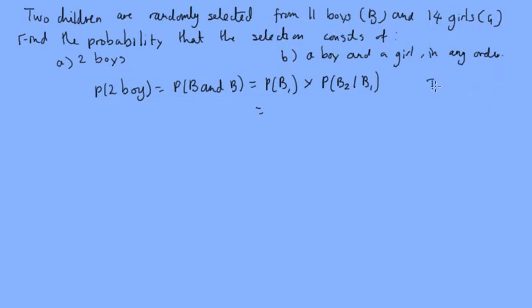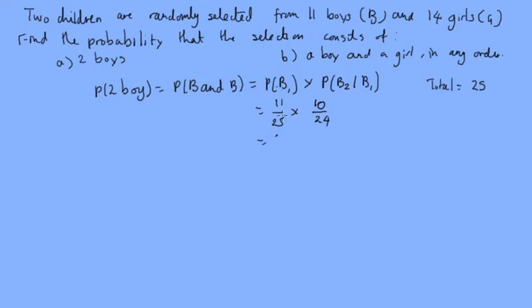The total children is 11 plus 14, which is 25 children in total, and we've got 11 boys to begin with, and there's 25 children, so that's the probability of B. Now, if the first child is a boy, then there's only going to be 10 boys left to pick from, and we've already picked a child, so there's going to be 24 children left.